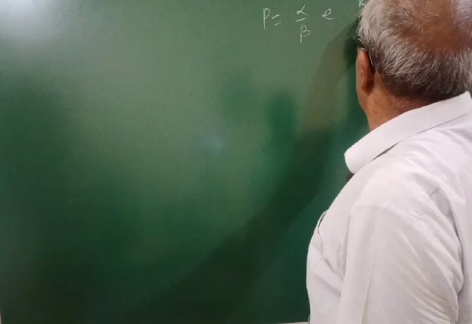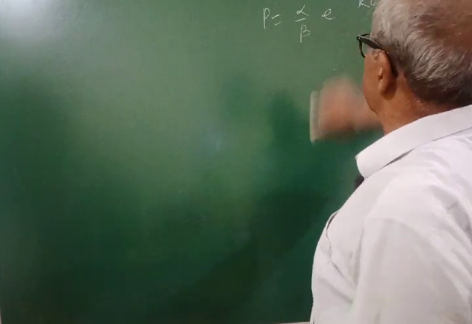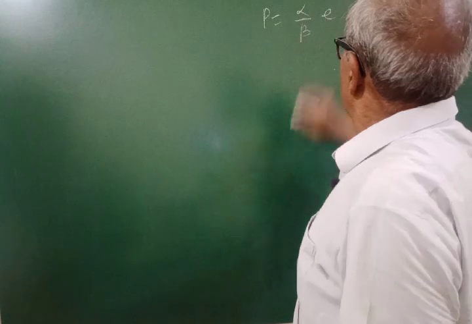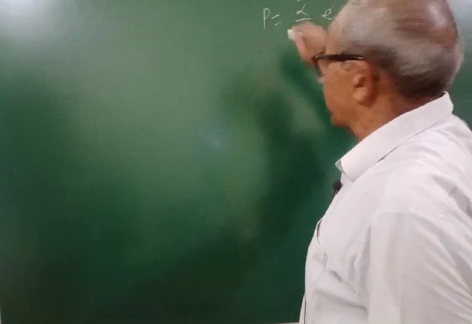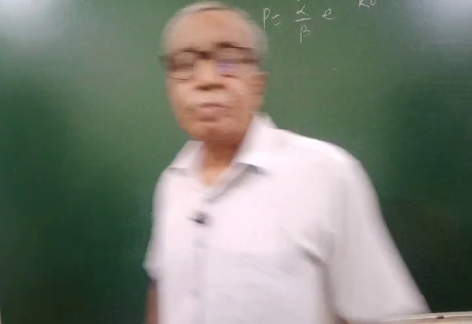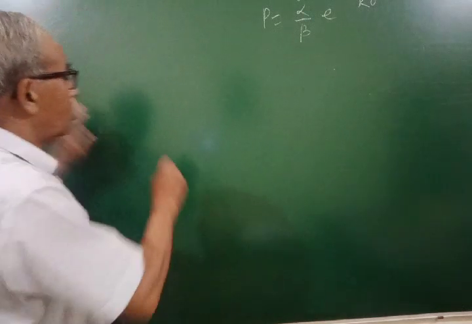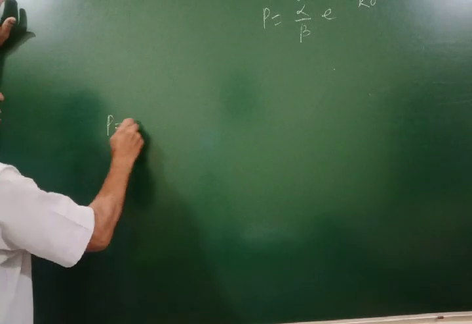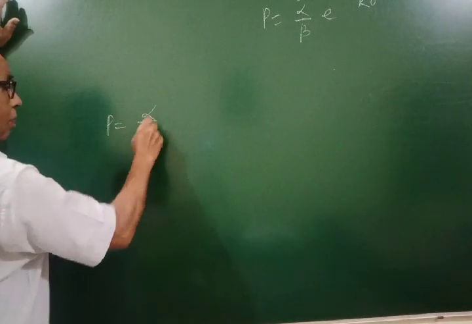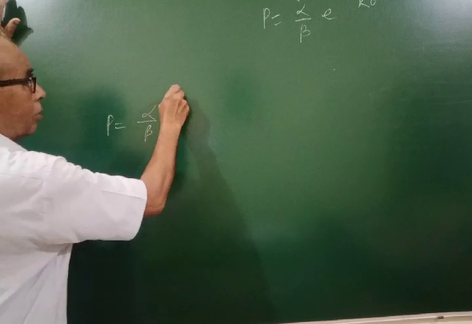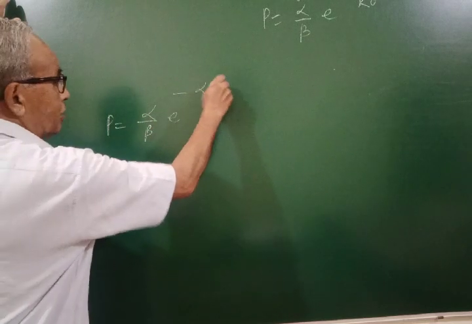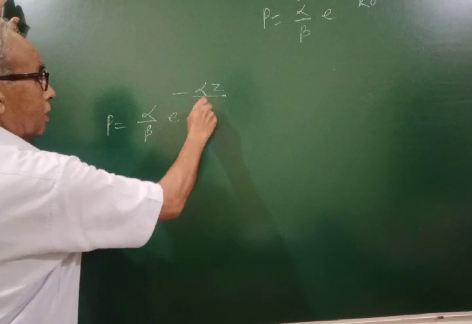Z distance, k Boltzmann constant, theta temperature. Find dimension of alpha and beta.